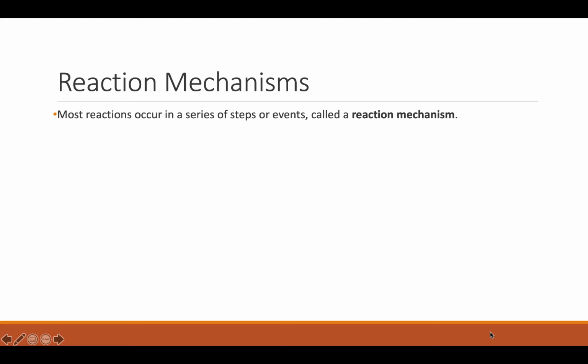So for instance, consider the decomposition of ozone into oxygen gas. This does not happen in a single step. Ozone does not, in a single event, convert to oxygen. Instead, it happens in a two-step mechanism. First, the O3 breaks down into O2 and a lone oxygen, which, as you probably know, is pretty unstable since it is not combined with another oxygen.